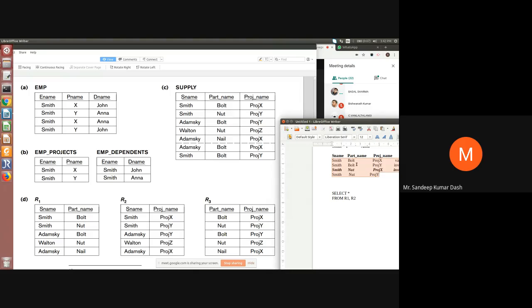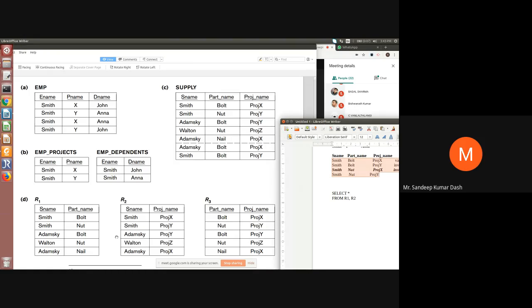So with this you combine R3, you will get Smith bolt combined here, project X, this is a valid relation. Then Smith bolt project Y is also there, so Smith bolt project Y is also present, no problem.